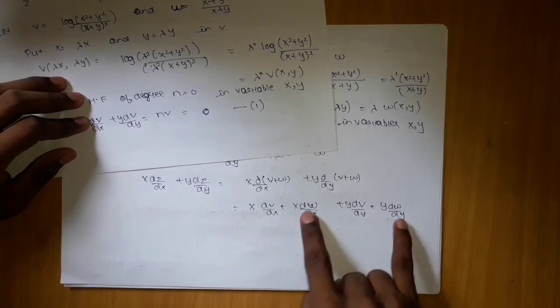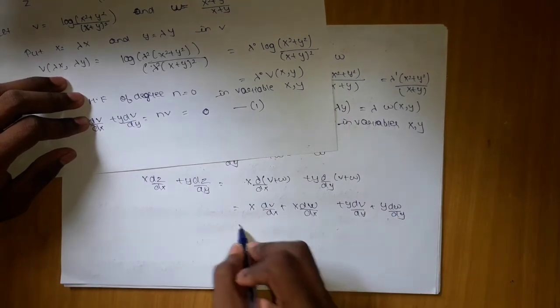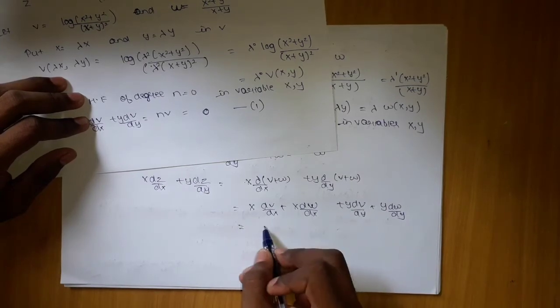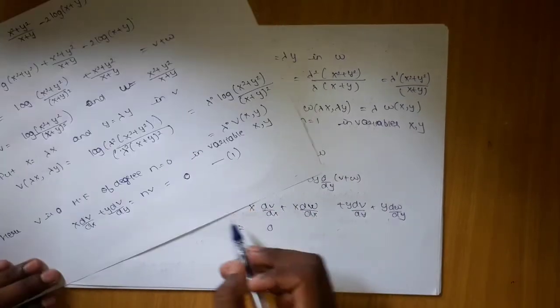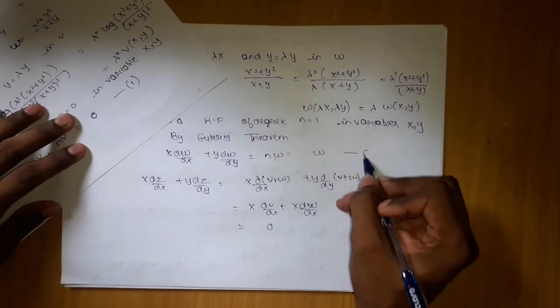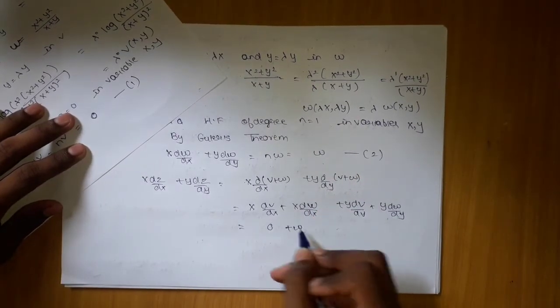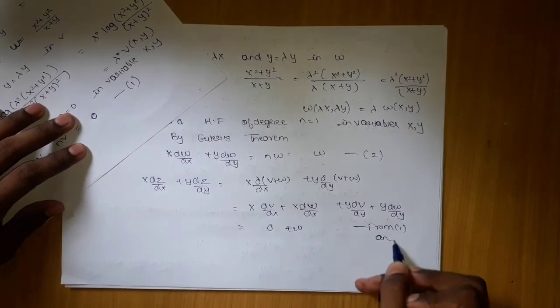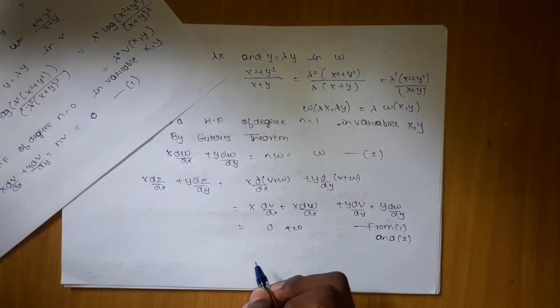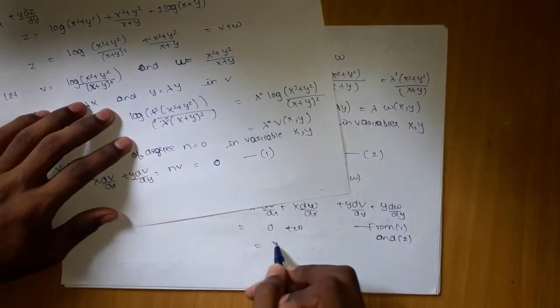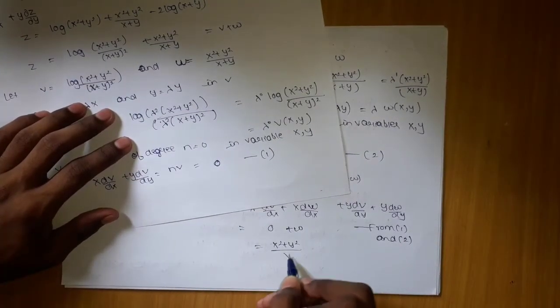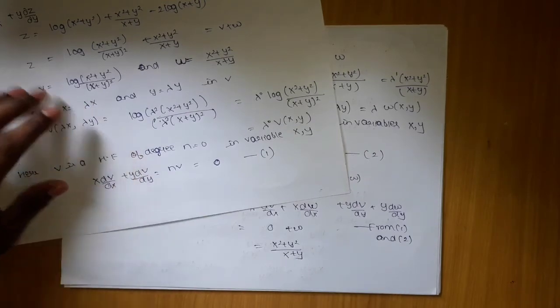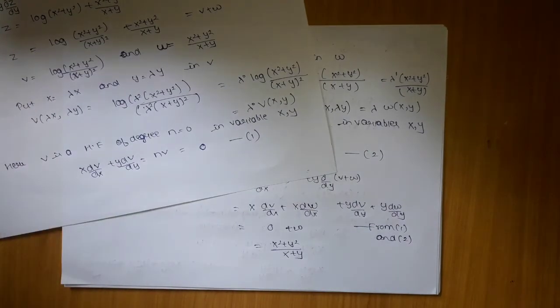Now I have these two values and these two values, so I will collect them and put this value, the v value is 0 from 1 and this value is w from 2. So here you have to mention from 1 and 2. After doing this, you know the w value is x square plus y square by x plus y. Okay, so we are done with this thing.